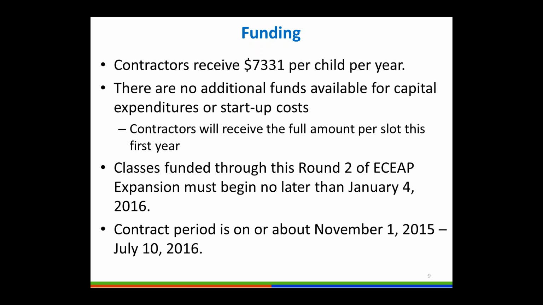Classes funded through this round 2 of ECEAP expansion must begin no later than January 4th, 2016. And the contract period is on or about November 1st, 2015 to July 10th, 2016.